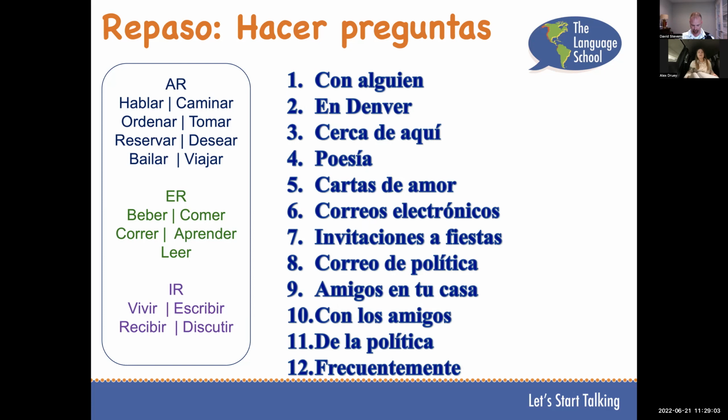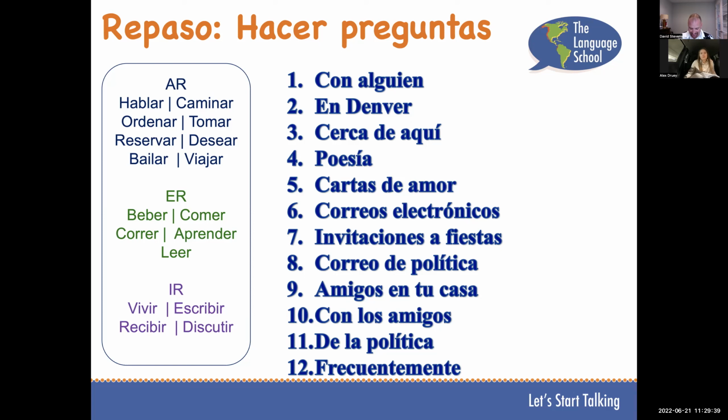¿Qué significa alguien? Alguien is someone or anyone. ¿Bailas con alguien? Sí, bailo con alguien. ¿Vives en Denver? Sí, vivo en Denver. ¿Qué significa cerca de aquí?